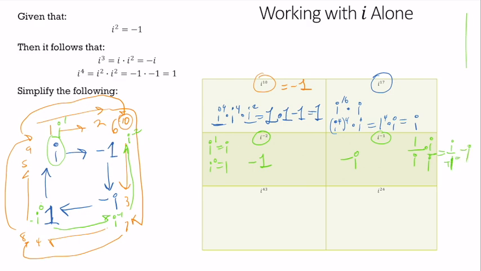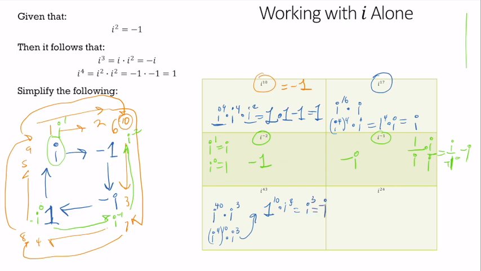Next, I can think about i to the 43rd. I'm going to rewrite that as i to the 40th times i cubed, because 40 is the biggest multiple of 4 in 43. So that's like i to the 4th to the 10th times i cubed, which is 1 to the 10th times i cubed, which just gives me i cubed, which is -i.